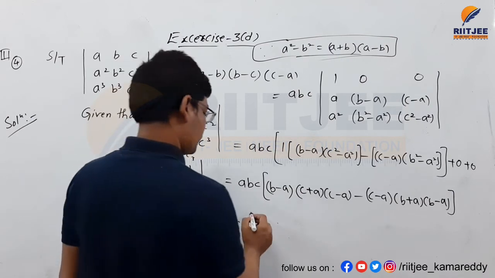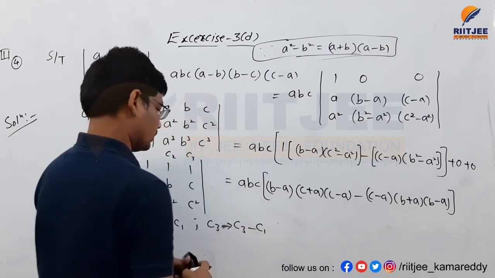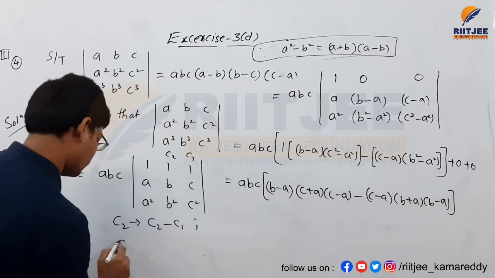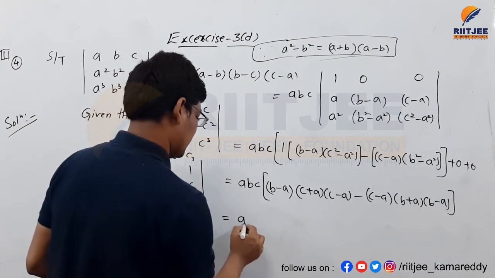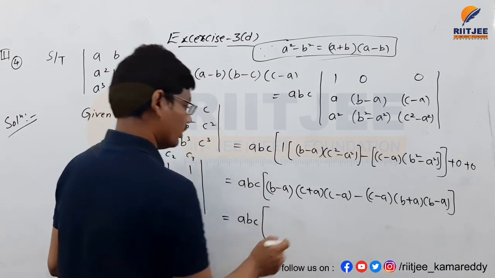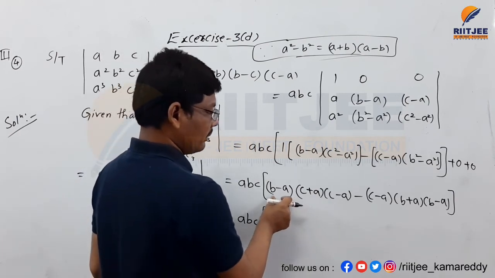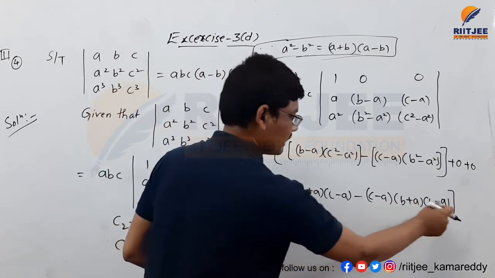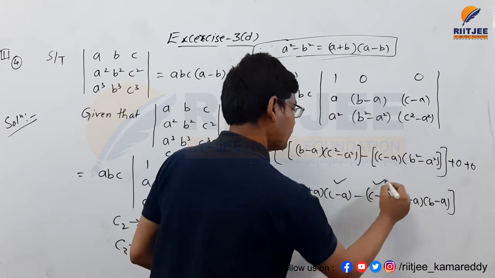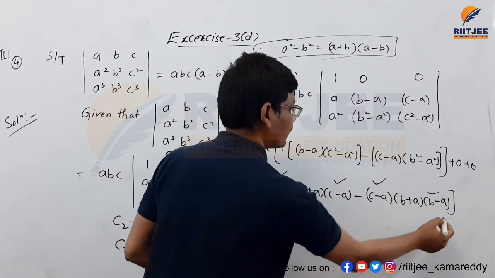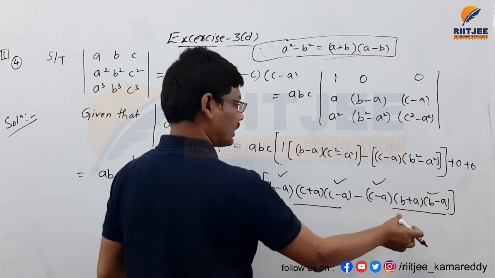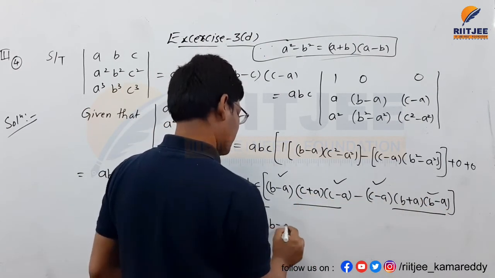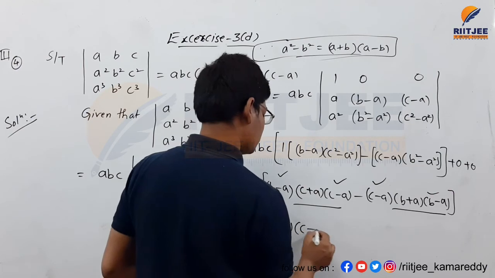Here in abc, I am taking b minus a and c minus a as common, since both terms contain c minus a and b minus a.